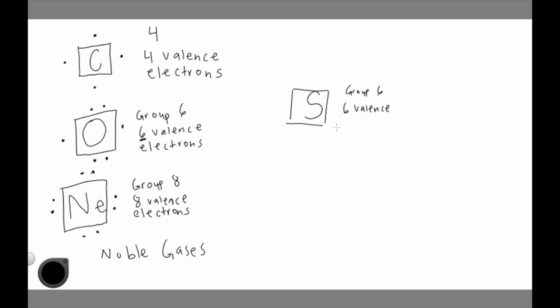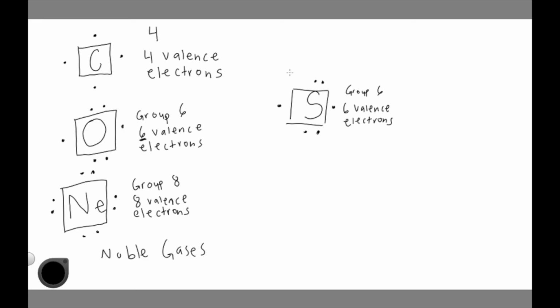And since it has 6 valence electrons, we are going to fill up this box with 6 electrons. So 1 dot, 2 electrons, 3, 4, 5, and then let's draw a 6th electron right here. So this is going to be the Lewis dot structure for sulfur.